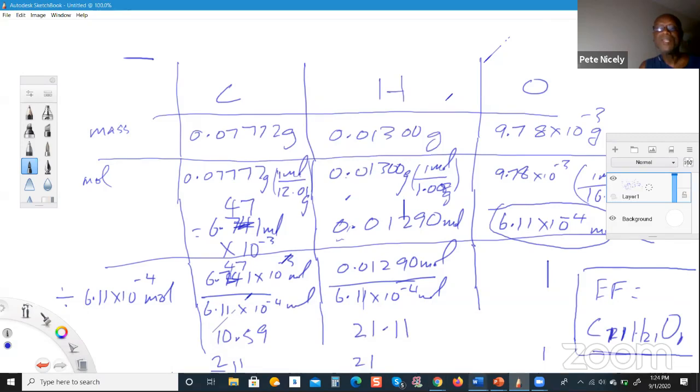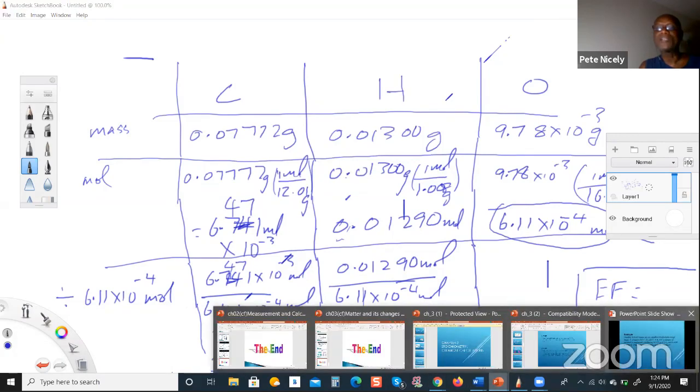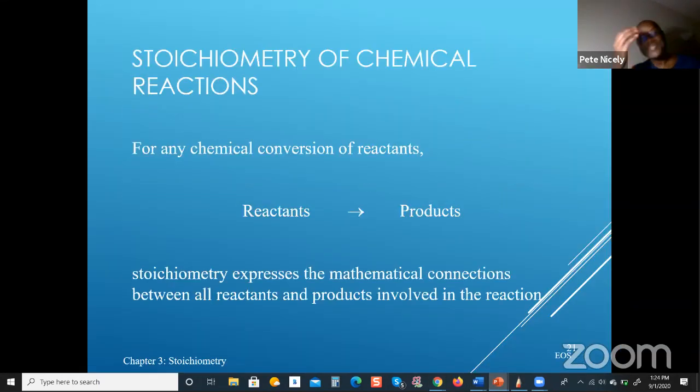Okay, so that's basically it as far as combustion analysis is concerned. So what we're going to talk about next is stoichiometry, and this is going to be the last topic for this class, all right? So stoichiometry, again, this is something that you should have met in your introductory or high school chemistry.